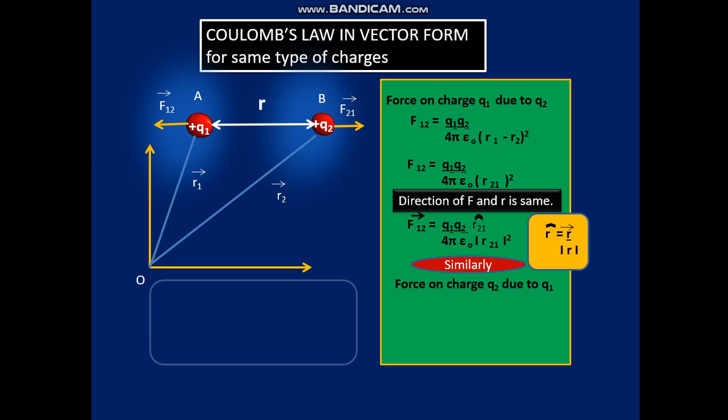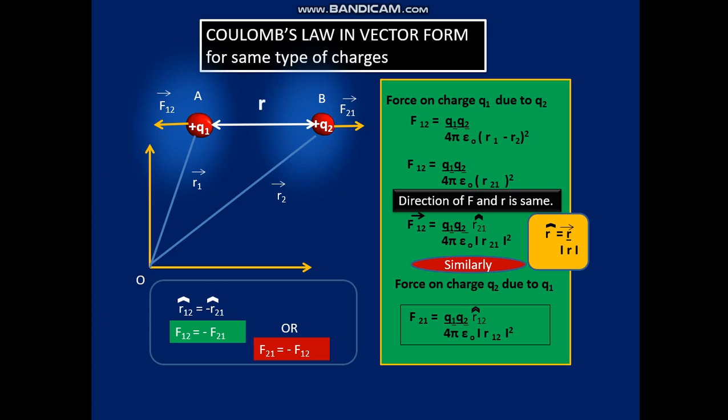Similarly, F21, the force on charge q2 due to q1, is q1 q2 upon 4 pi epsilon naught times the unit vector r12 upon the modulus of r12 squared. So r21 is equal to minus r12. Obviously F12 is equal to minus F21, or F21 is equal to minus F12.